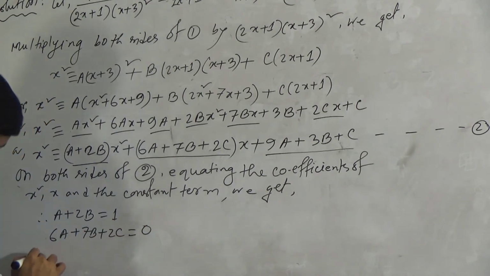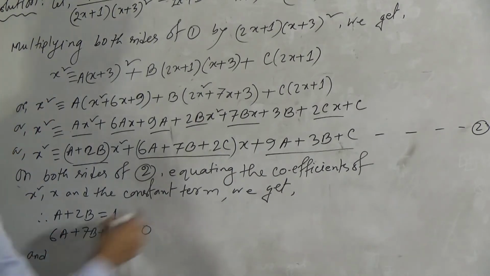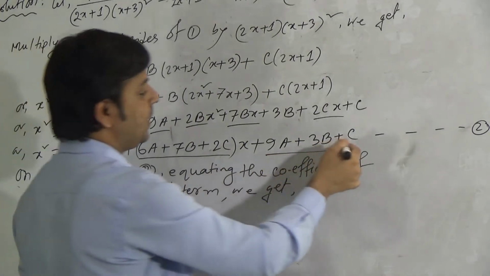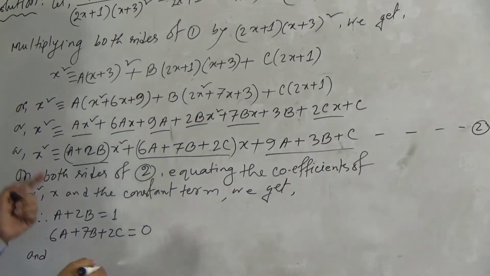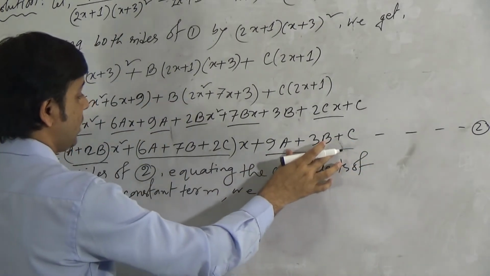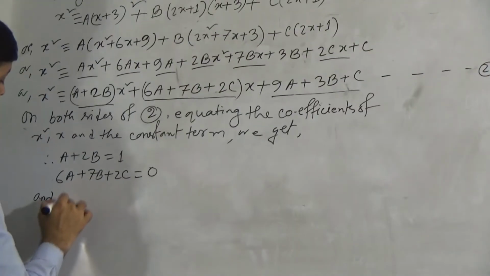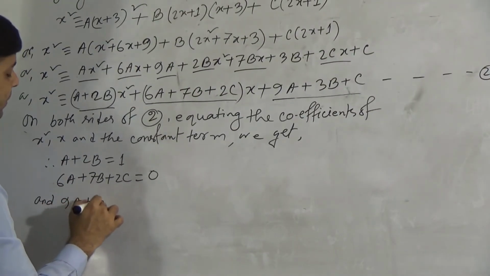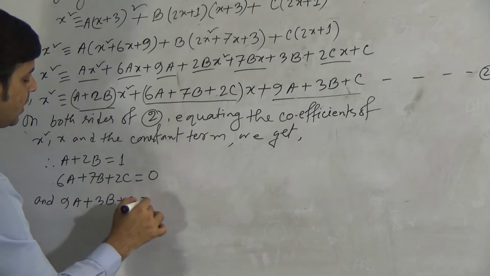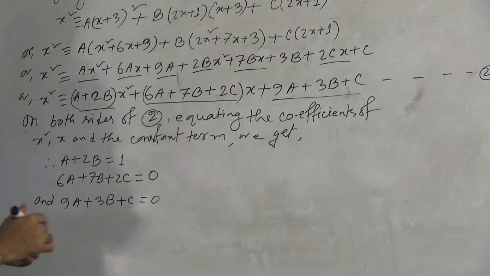And the last one, we can write here 9a plus 3b plus c. Here there is no constant term on the left, but here is the constant term, so the sum of these 3 will be 0. It means 9a plus 3b plus c is equal to 0.